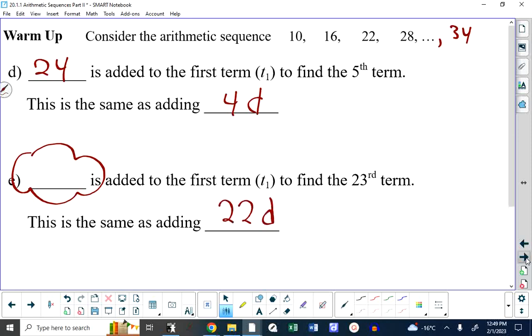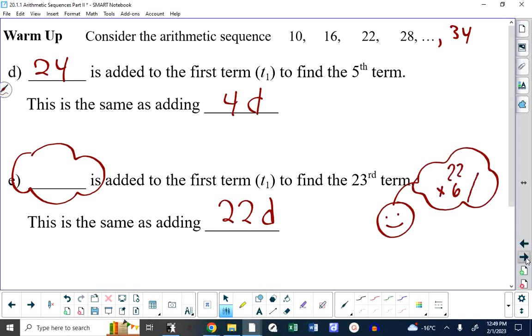And then, actually now knowing that the common difference is 6, it's pretty easy to figure out what the number is, isn't it? We can say, wow, I think it's 132. But again, this number here, I'm really not that interested in it.